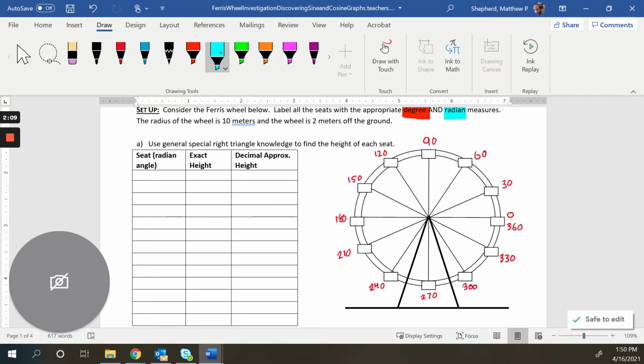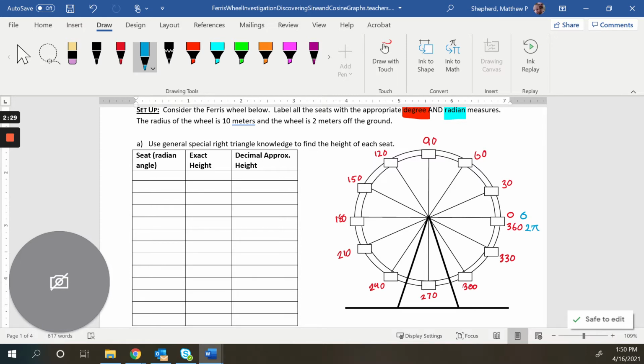All right, next, let's get those radian measures in there. Okay, so the radian measure is going to start at 0. And then we also know that it goes to 2 pi.